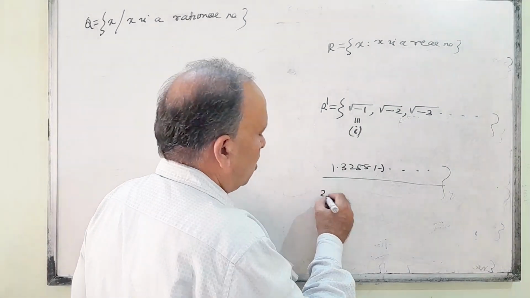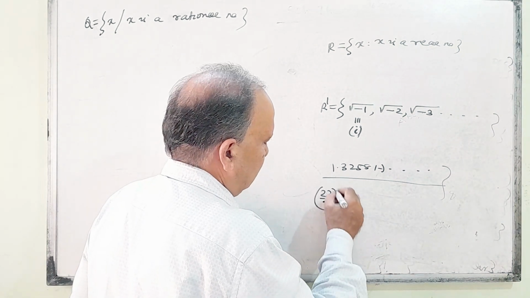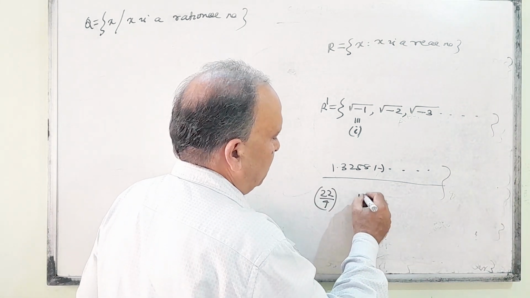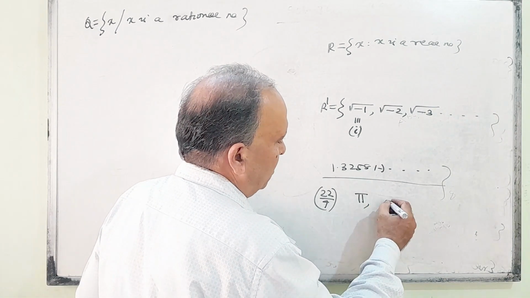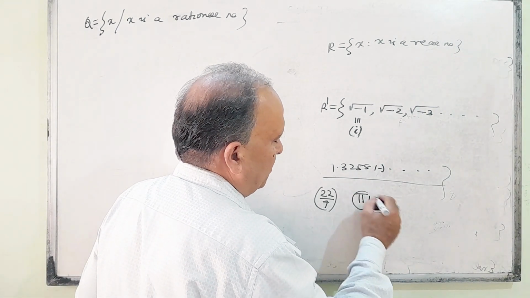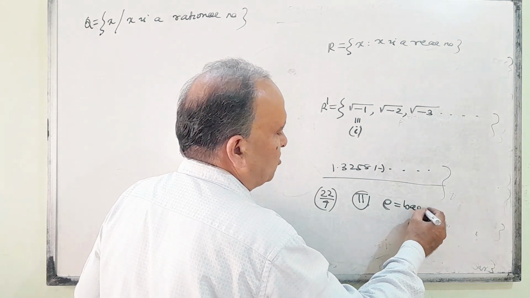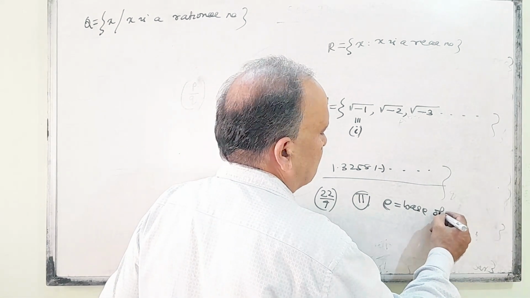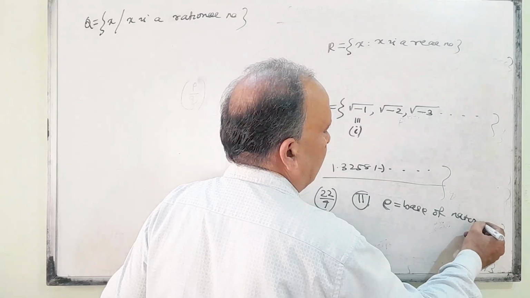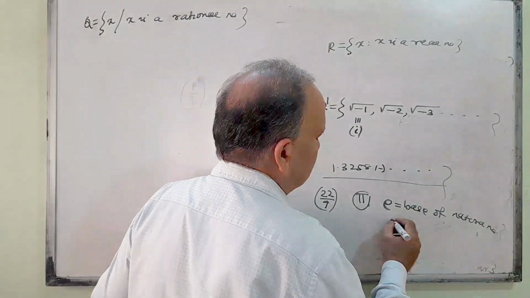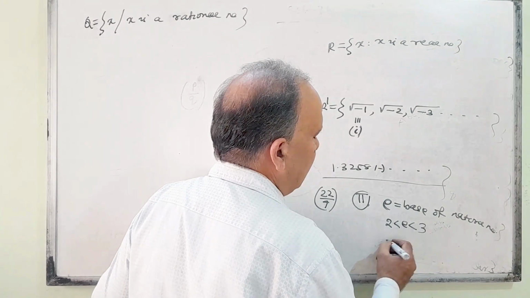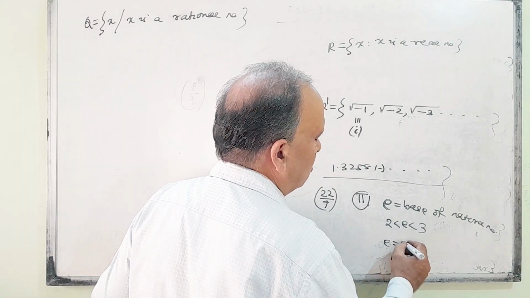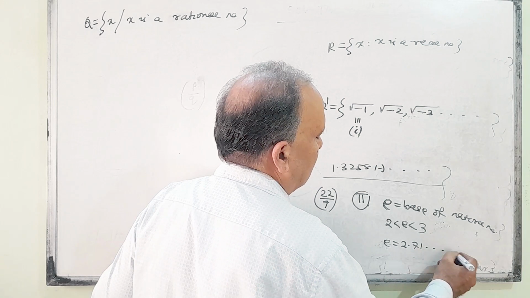You see 22/7, this is your rational number, but your pi, and another value, e. E is called the base of the natural logarithm, and the value of e lies between 2 and 3. The value of e is equal to 2.71 dot dot dot, like this.